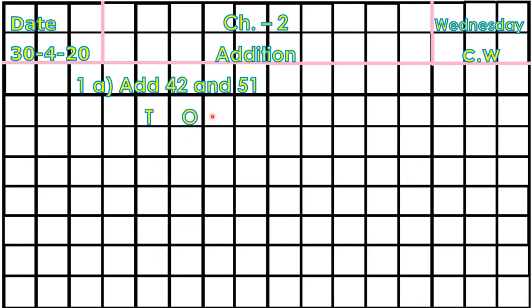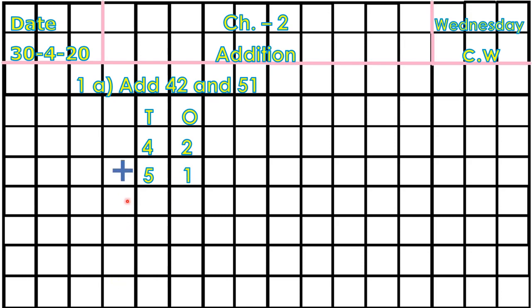After that you have to write 42, so you will write 4 2, 42, 4 in the tens column and 2 in the ones column. Then you have to add 51, so in 51, the 5 will go in the tens column and 1 in the ones column.